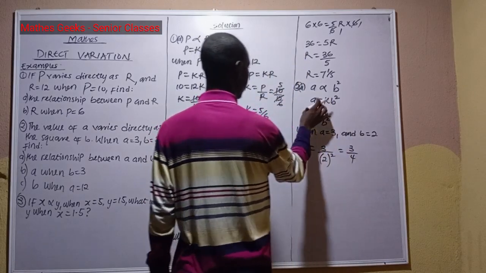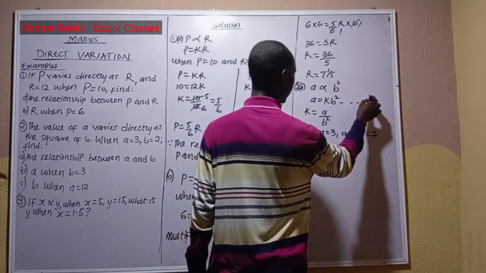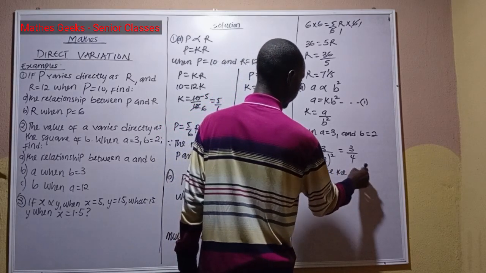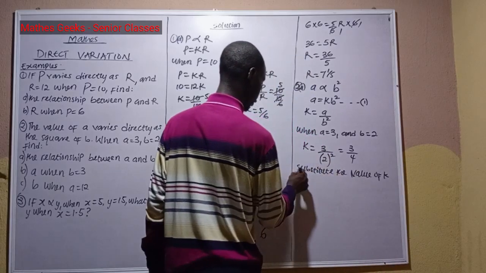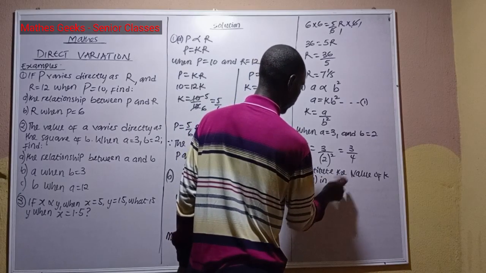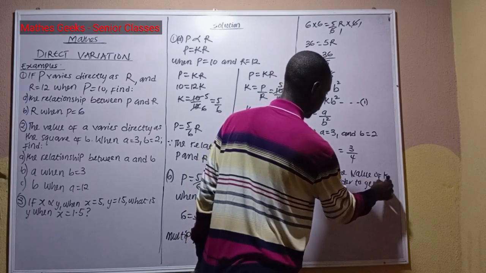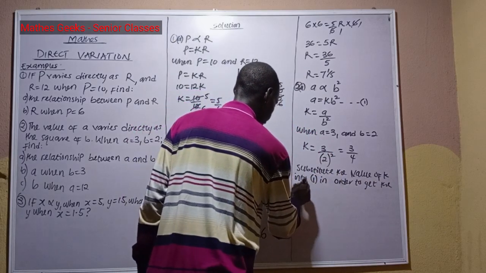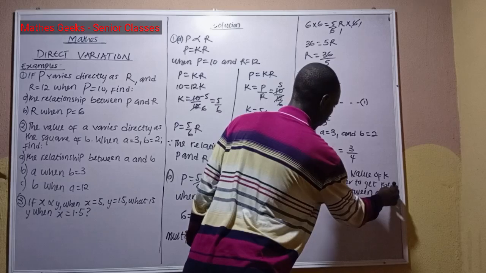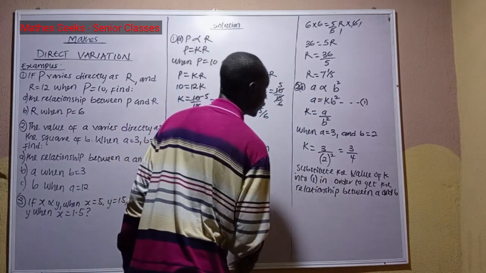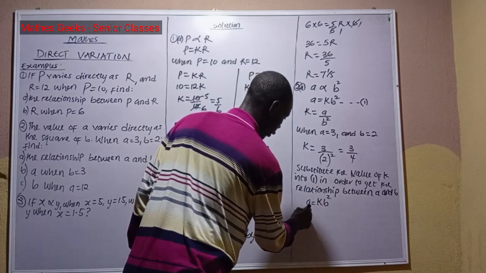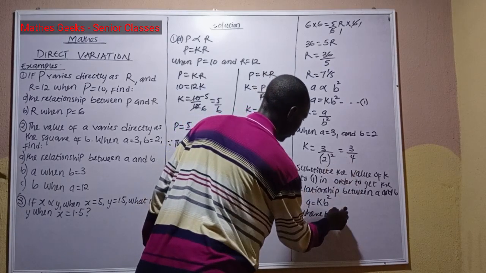So we'll put this value into this formula. So now I've got the value of K. So I substitute the value of K into the formula in order to get the relationship between A and B. So A is equal to K B squared, where K is equal to 3 over 4.